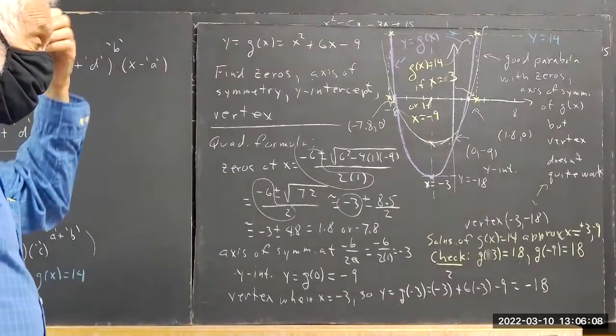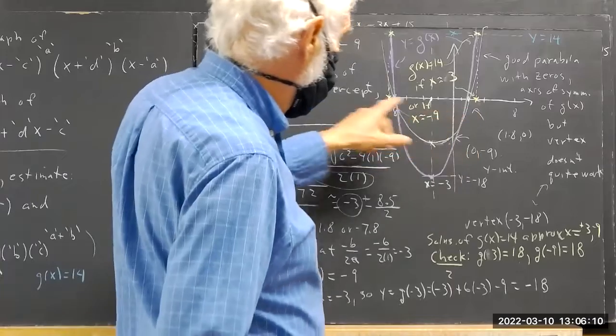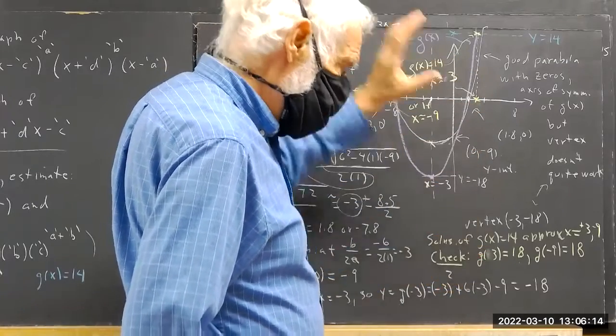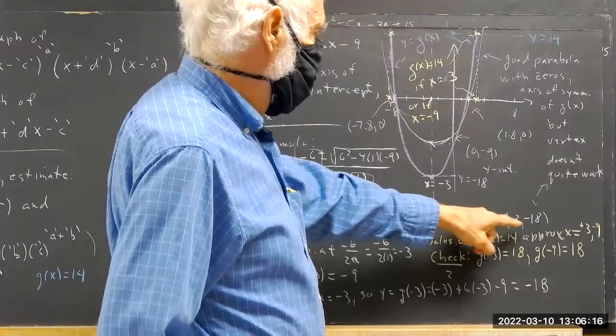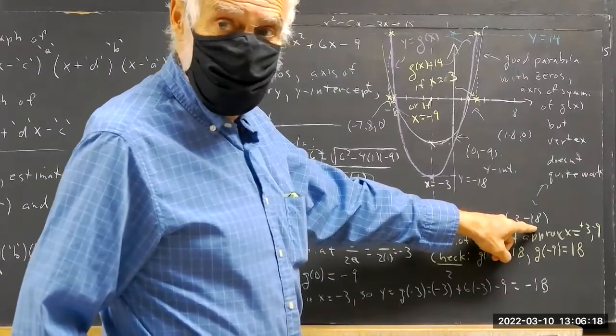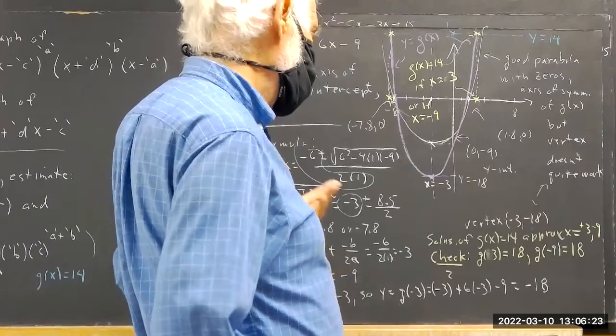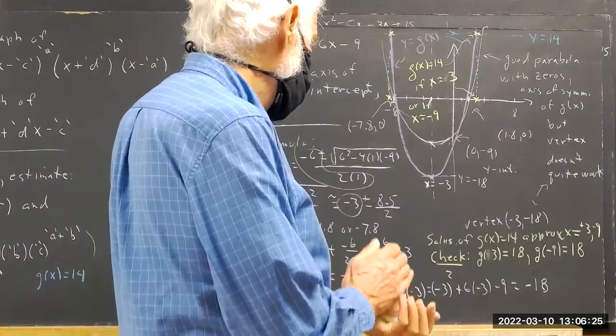So the actual points for g of x equals 14 are probably like -2.7 and -17.3, something like that.